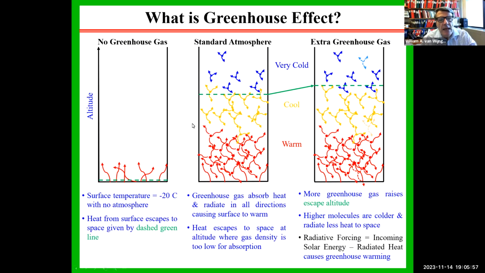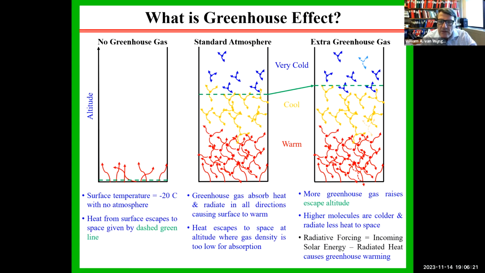Next, in the middle panel, we have our standard atmosphere. So not just the nitrogen, oxygen, argon, but these greenhouse gases, the water vapor, carbon dioxide, etc. And here I show there are a lot of molecules at relatively low altitudes. As you go up in altitude, the density of these molecules decreases.